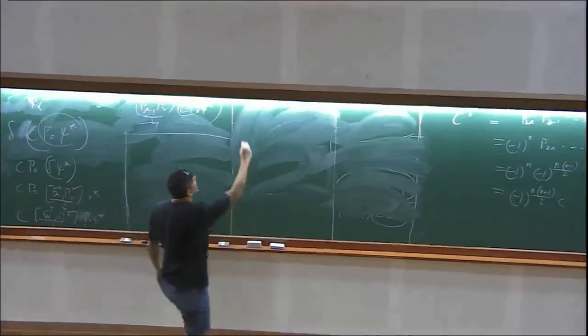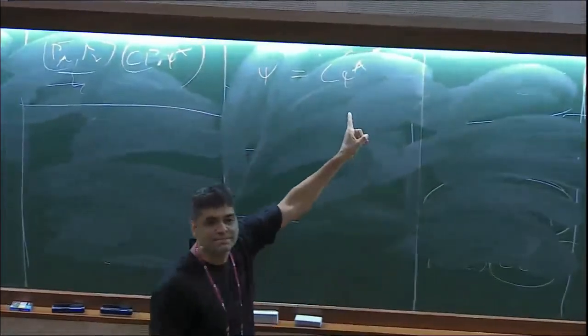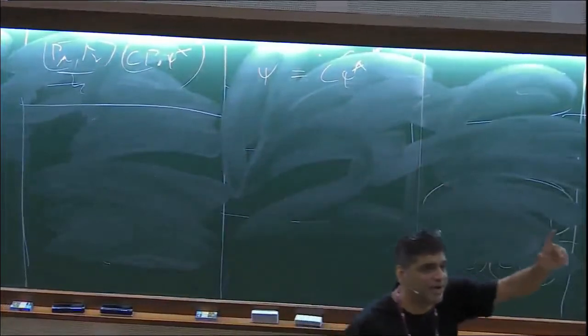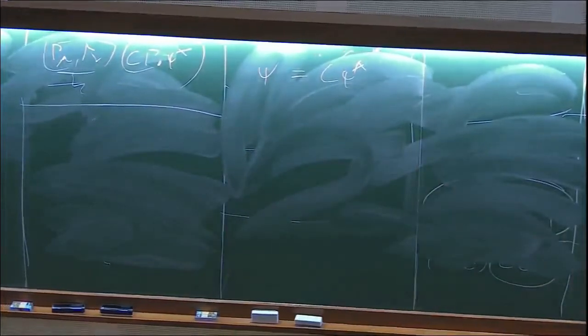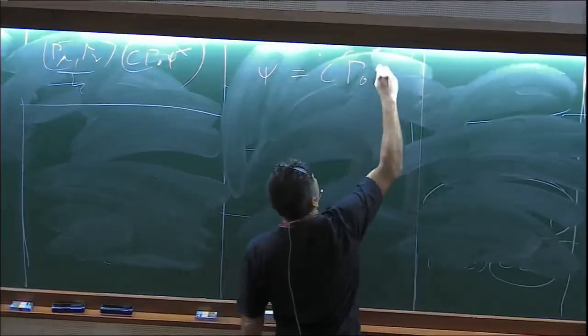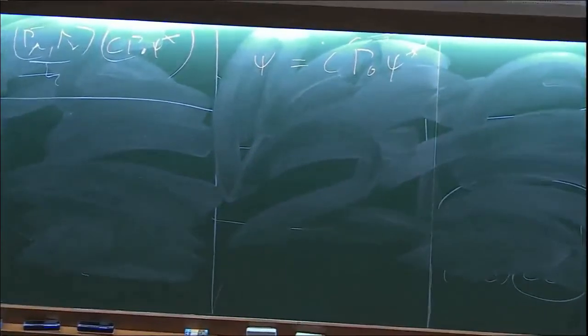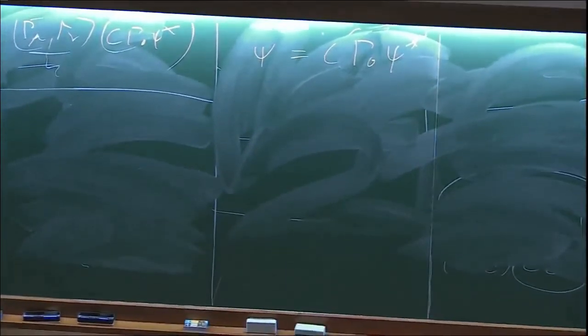We cannot impose the condition psi is equal to C psi star. Makes no sense, because the two sides don't transform the same way under the Lorentz group. But we can try to impose the condition psi is equal to C gamma 0 psi star. At least this is first order sensible because the two sides transform the same way under the Lorentz algebra.